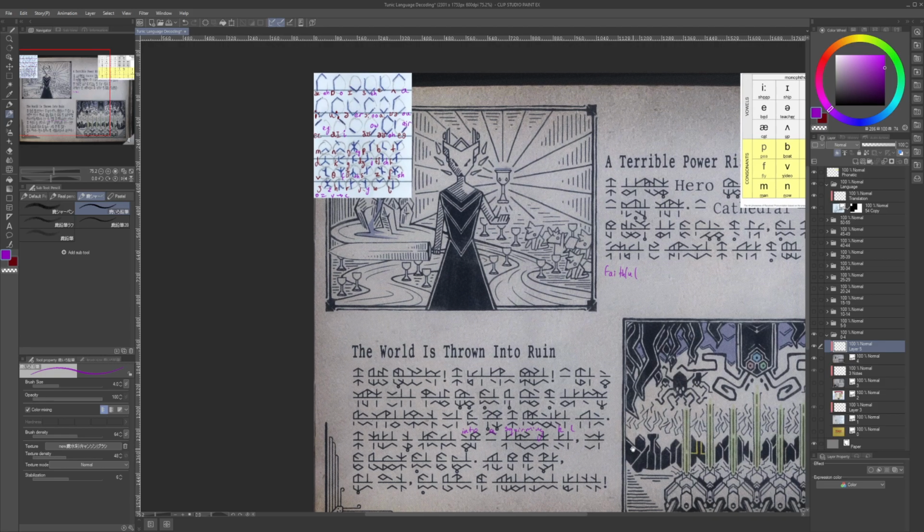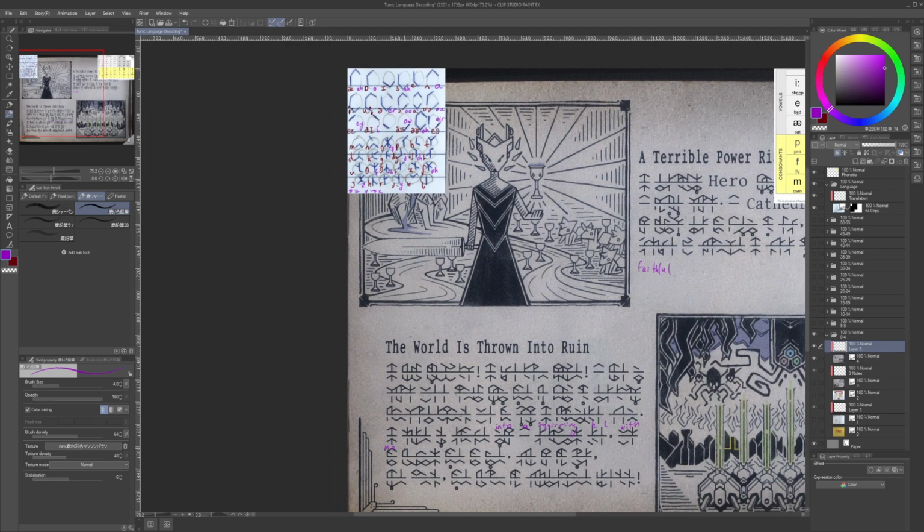Into. I would have thought this said something like hell, but what does this say? With no beginning and no end, I assume.